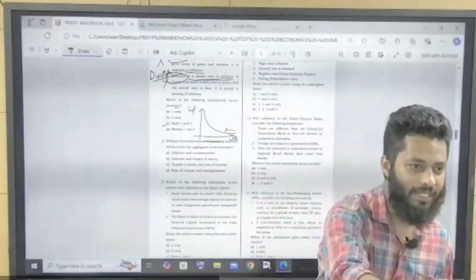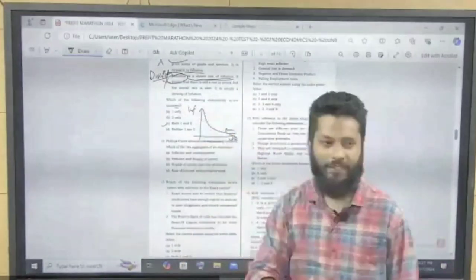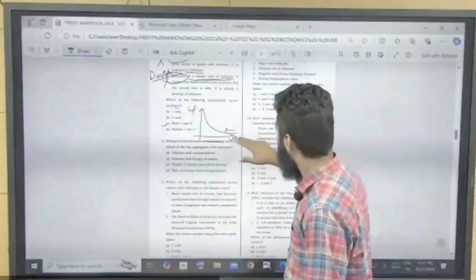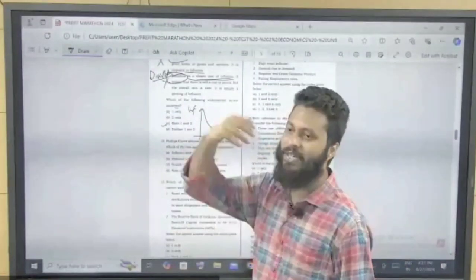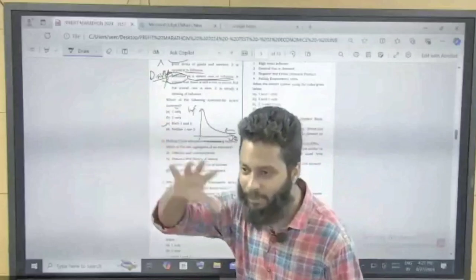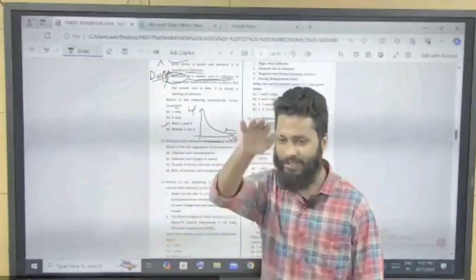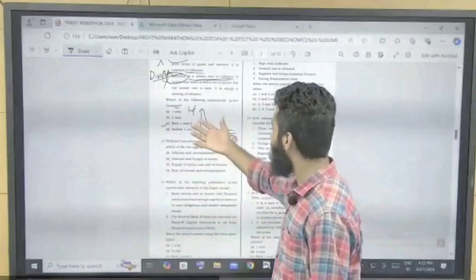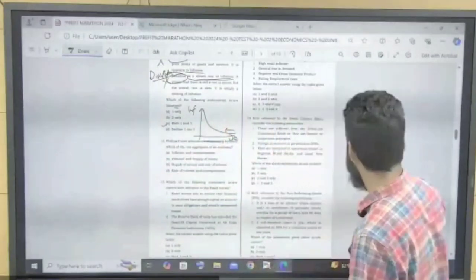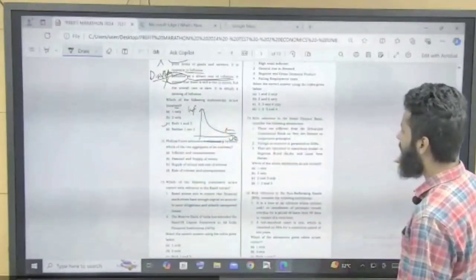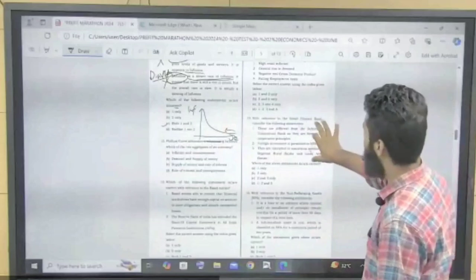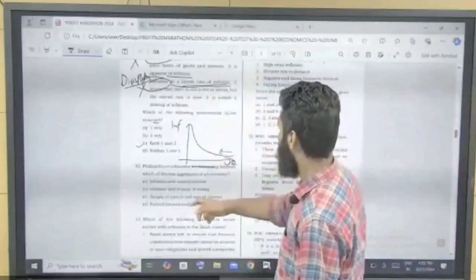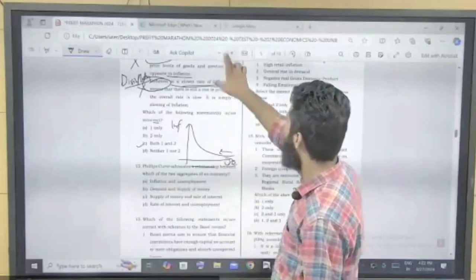When it increases, inflation increases. Unemployment increases, inflation decreases. This idea was given by Phillips. So this is Phillips curve, which shows the relationship between inflation and unemployment.